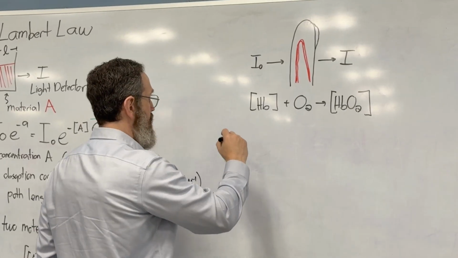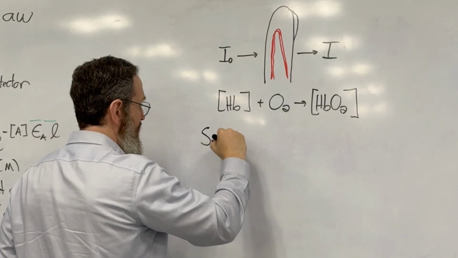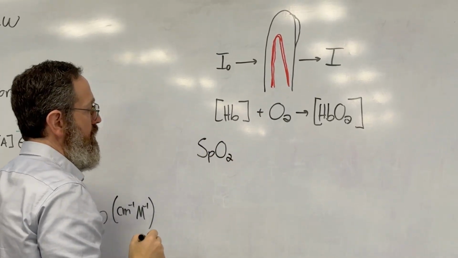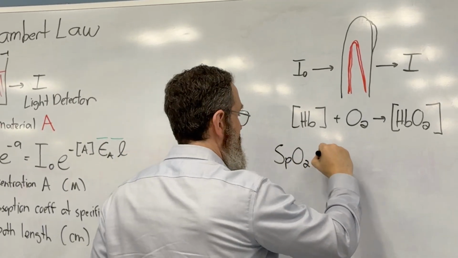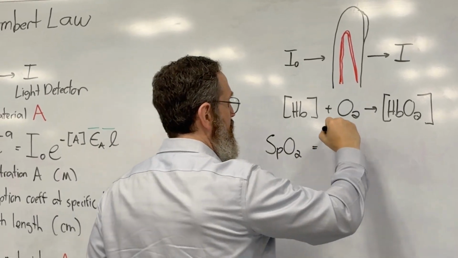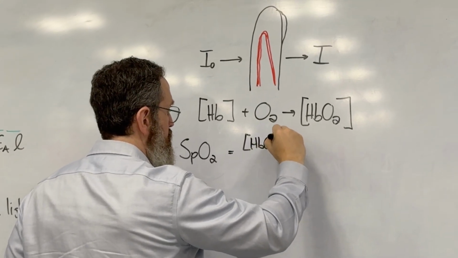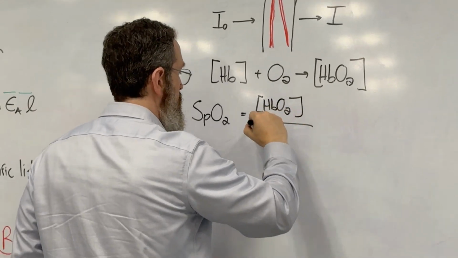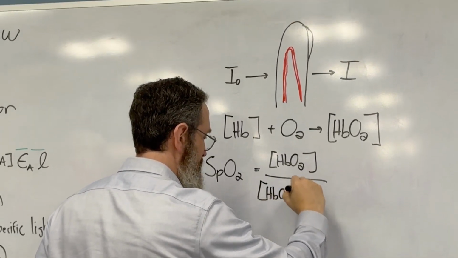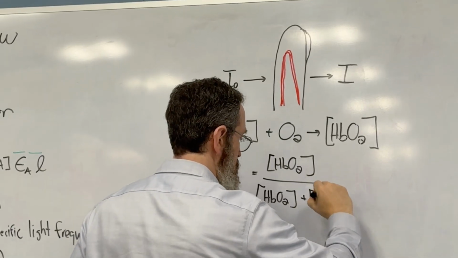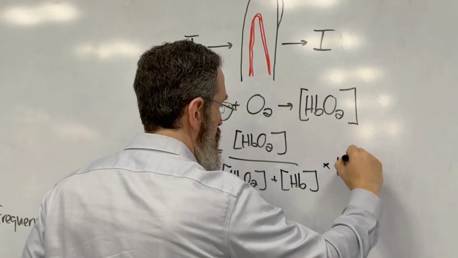And when you get a report of SpO2, which is how much saturation of oxygen you have in your blood, it is in fact a percentage: the concentration of HbO2 over the concentration of HbO2 plus the concentration of Hb, times 100.